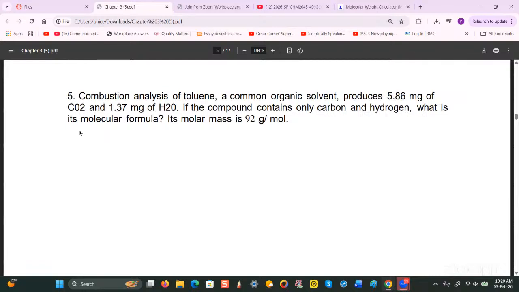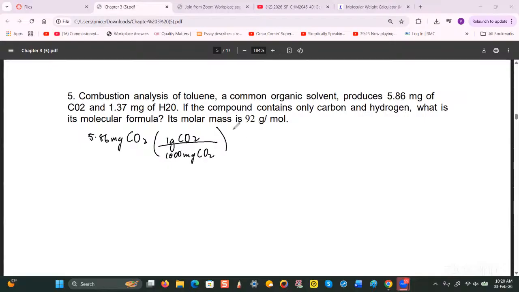So like before, I'm going to start off with the 5.86 milligrams of carbon dioxide. And what I will do first is convert this to grams. So here we're going to have 1 gram of carbon dioxide, and down here 1,000 milligrams of carbon dioxide.